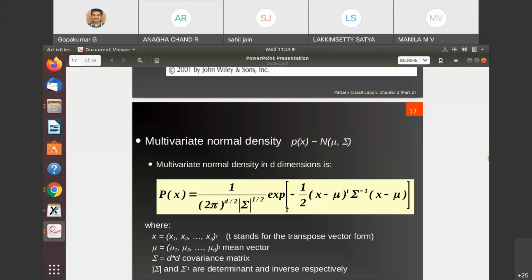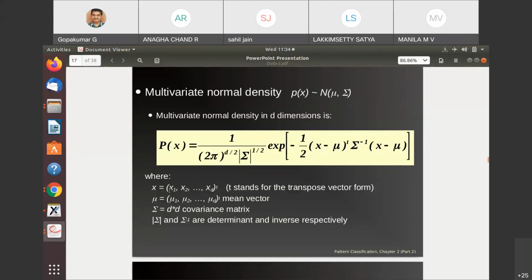That is how we can approximate this probability density. Here x is the feature vector, where T stands for the transpose. Mu is the mean vector corresponding to each of the features, and sigma is the covariance matrix. Modulus of sigma is the determinant, and sigma raised to minus 1 is the inverse.